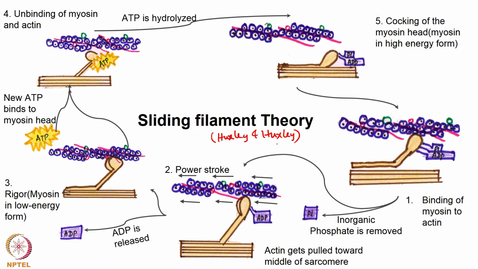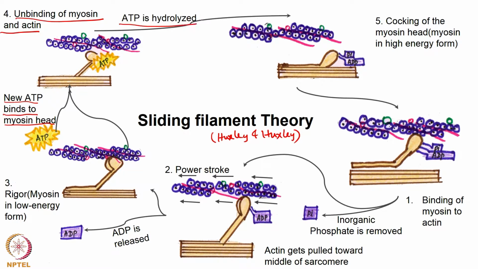Since this is the sliding filament theory or the cross bridge cycle, we could start explaining this anywhere. We will start here. Whenever ATP binds to the myosin head, myosin and actin are unbound, basically disconnected.